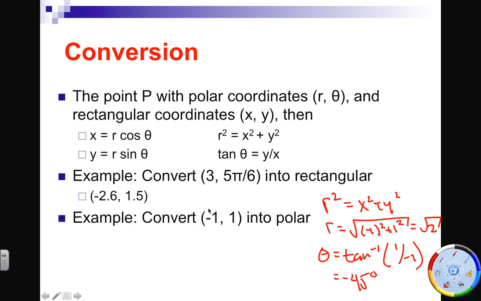However, this coordinate is in quadrant 2, where this angle is in quadrant 4. So I need to add 180. So adding 180, I get 135 degrees, or 3π/4. And I get this version here.